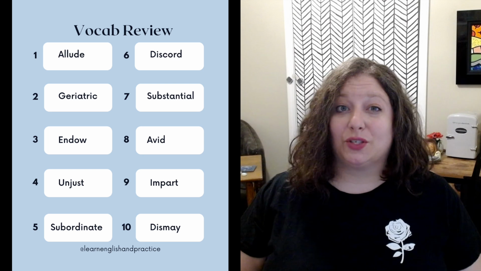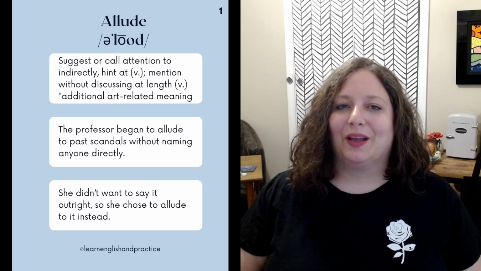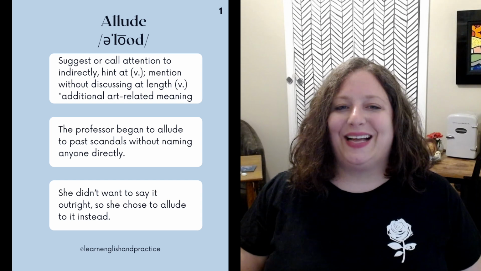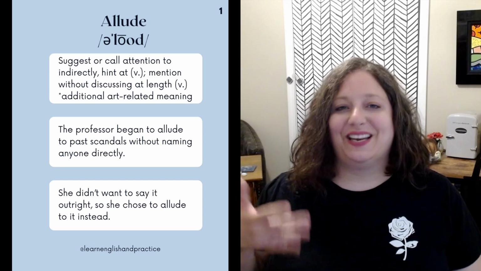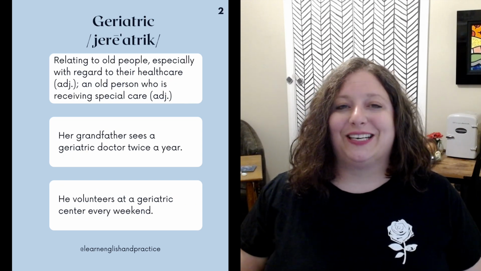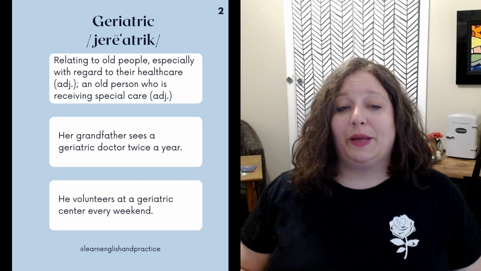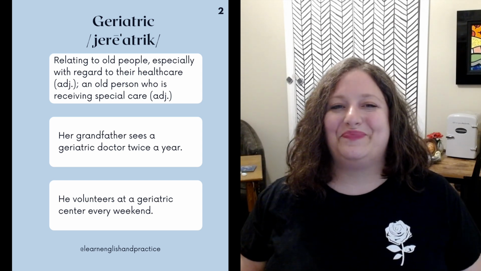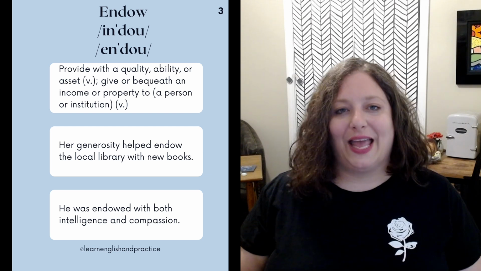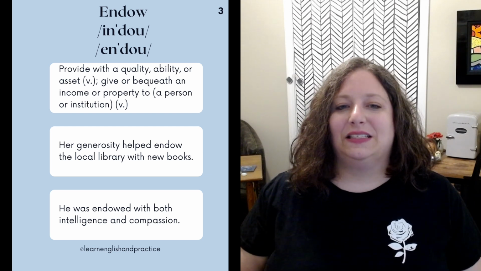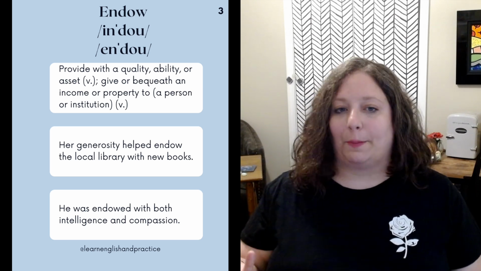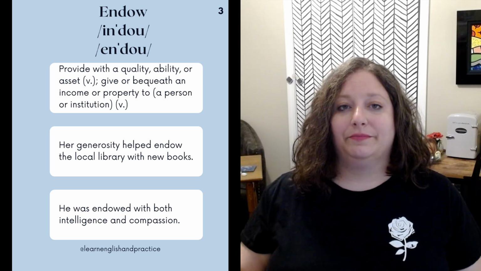So let's review these words quickly, and I'll spell as we go. Allude, A-L-L-U-D-E, means to suggest or call attention, hint at. Geriatric, G-E-R-I-A-T-R-I-C, is relating to old people and their health care, typically. Endow, E-N-D-O-W, is to provide with something or to bequeath something.